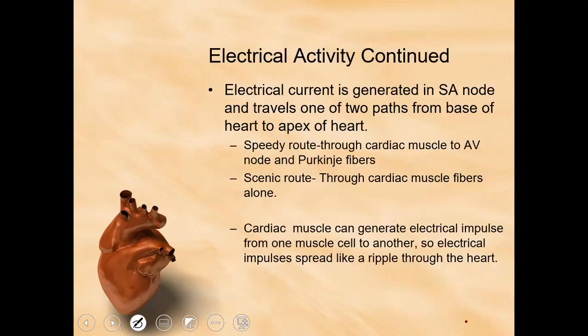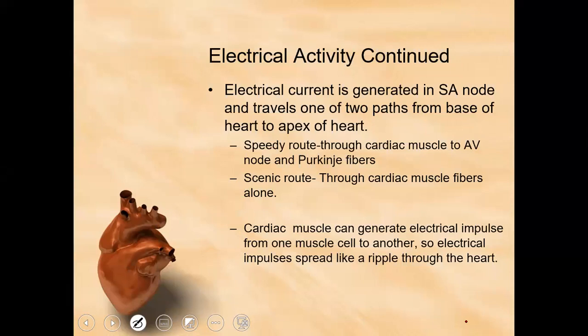So our current is generated at the SA node. It then travels on one of two pathways, depending on what we need. We have the speedy route that goes through the fibers directly to the AV node, and the scenic route through the fibers all along the atria.